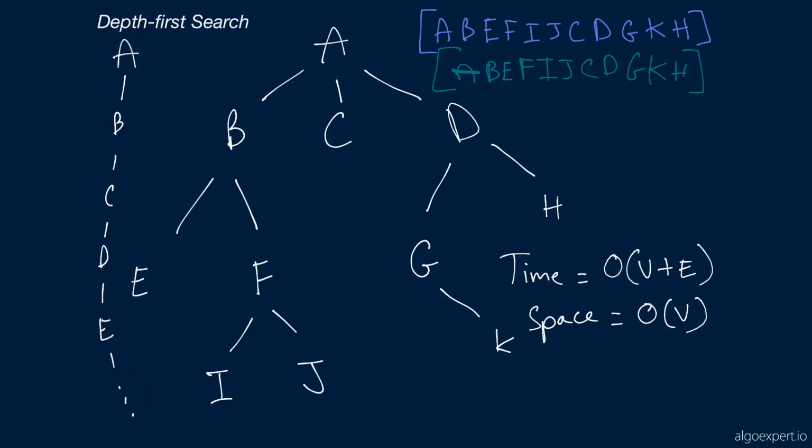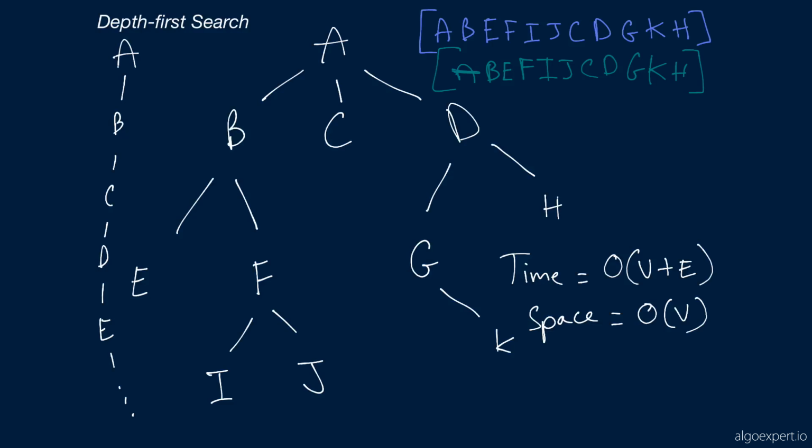And so we would reach a point where we'd have V frames on the call stack. So that's why we can have a worst case space complexity of O of V without even counting the array that we're storing. If you count the array that we're storing, then it's also O of V. In any case, that's it for the space-time complexity analysis.